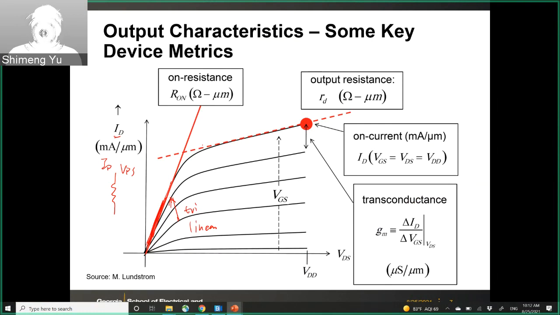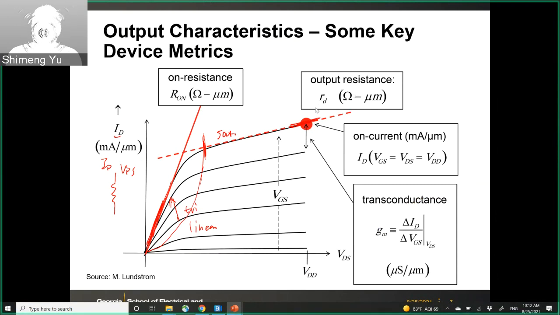And then once the transistor reaches this, let's say this is like the boundary, then this is the saturation region. The current will no longer increase significantly, except due to the short channel effect or channel length modulation effect. Then the transistor current will slightly increase. The differential slope here is called output resistance.